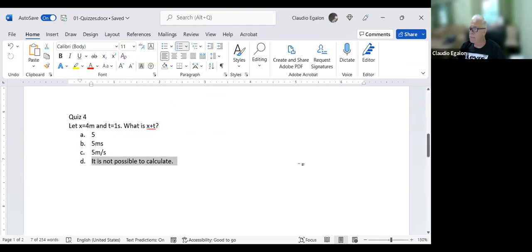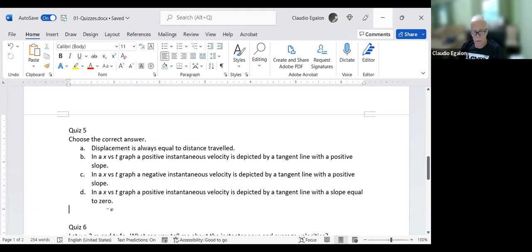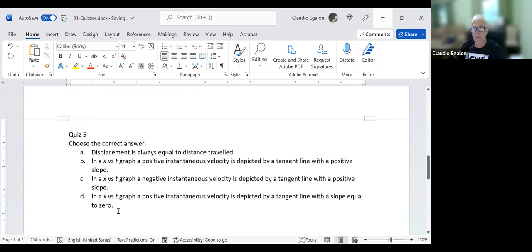I understand some of you got it, some of you didn't. Most of you got this answer correctly. Make sense? Now, next one, choose the correct answer: displacement is always equal to distance traveled.